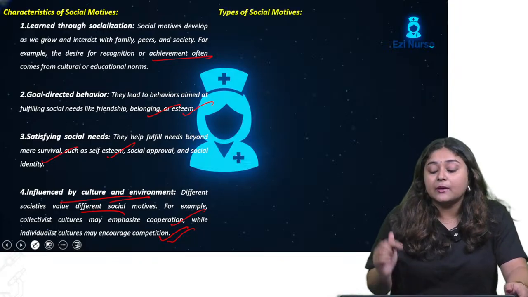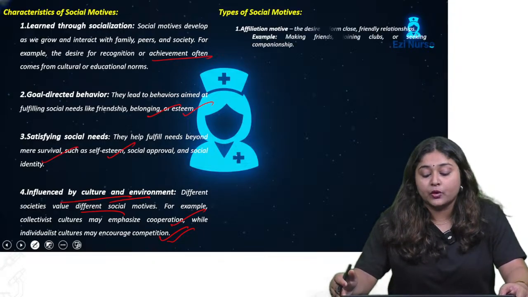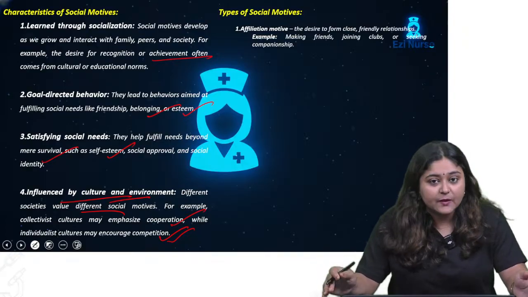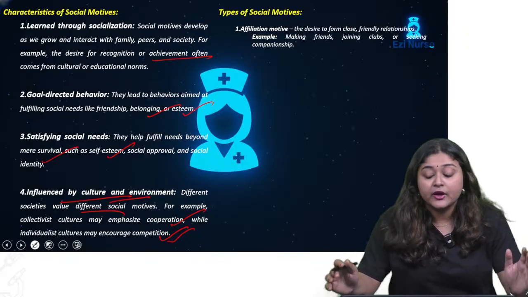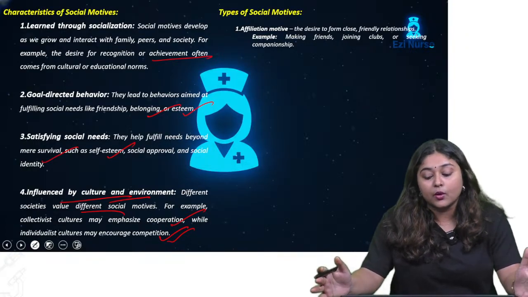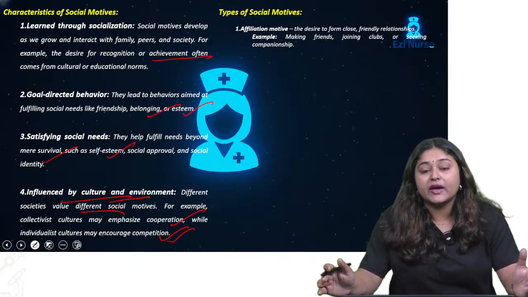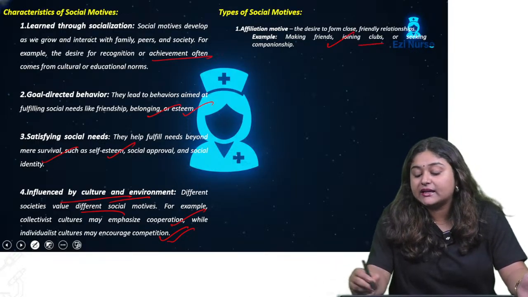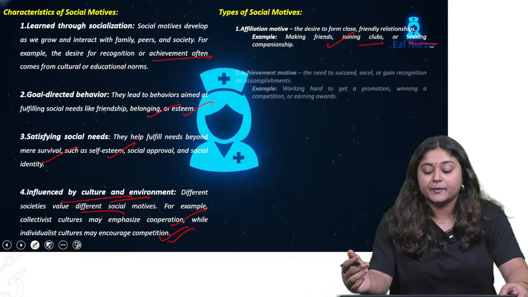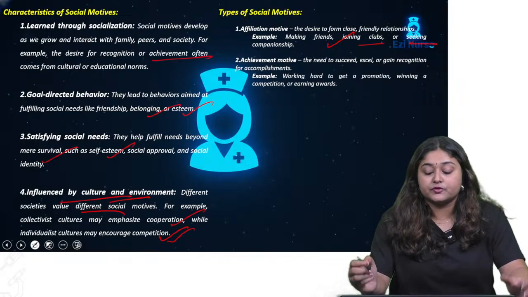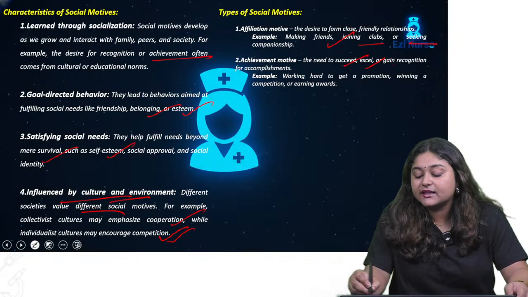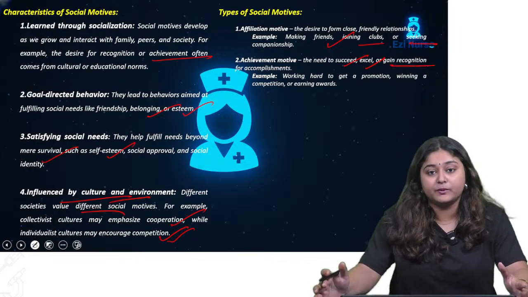Okay, so now come to the next, that is types of social motives. There are several types. First is affiliation motive. In this, the desire for close friendly relationships. For example, making friends, joining clubs or seeking companionship. Now come to the achievement motive. In this, the need to succeed, excel or gain recognition for accomplishments.